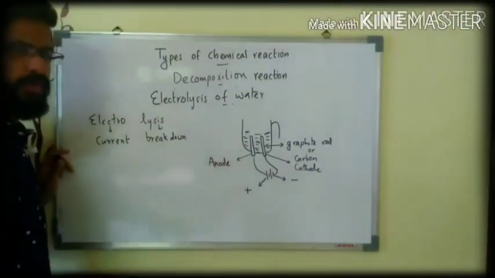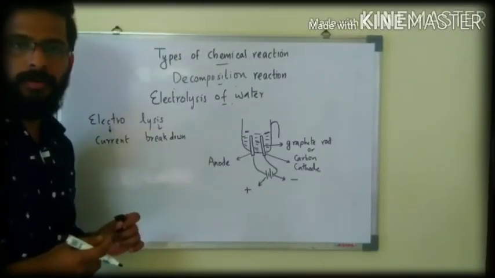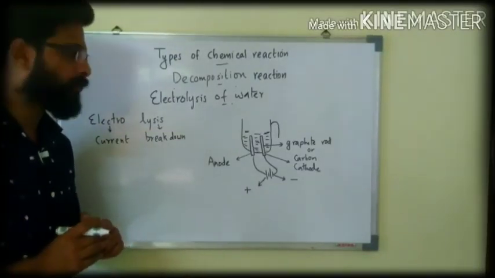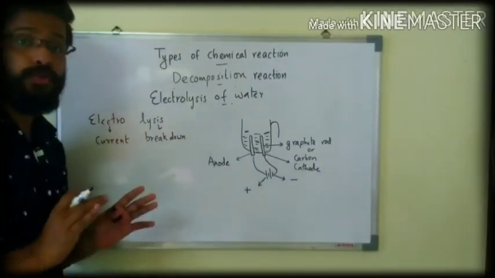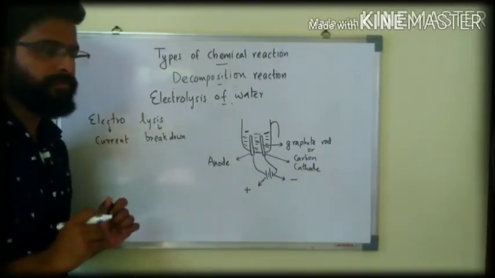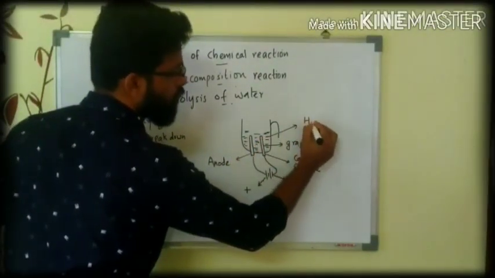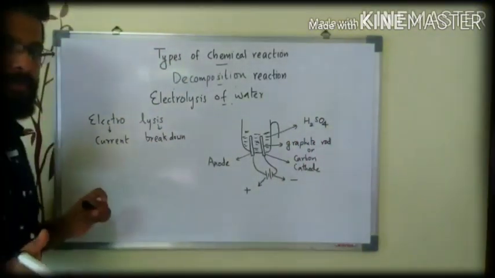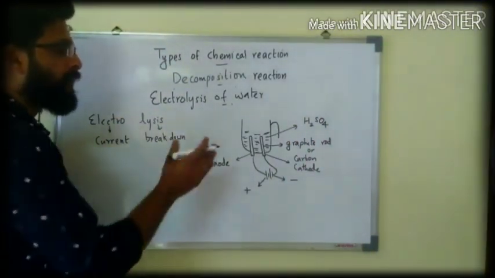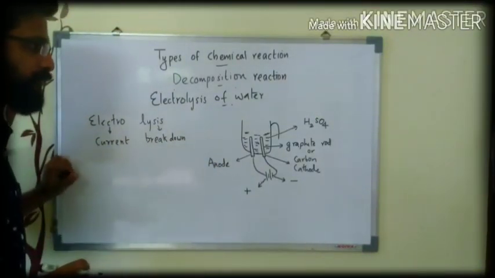Now, as you know, pure water is not a very good conductor. So let me add some acid to make it more conductive. I am adding two or three drops of sulfuric acid, or any other acid, which is more conductive than pure water.